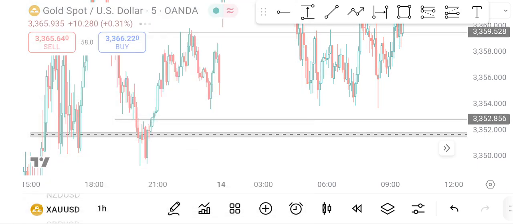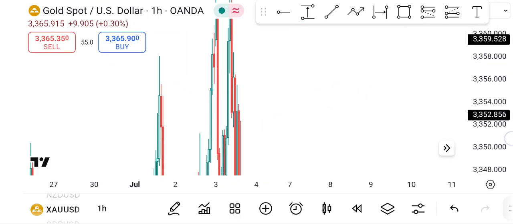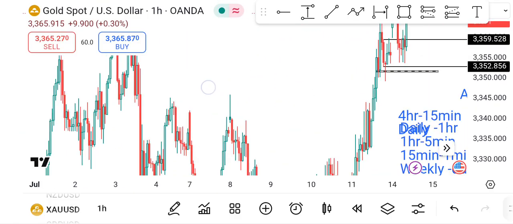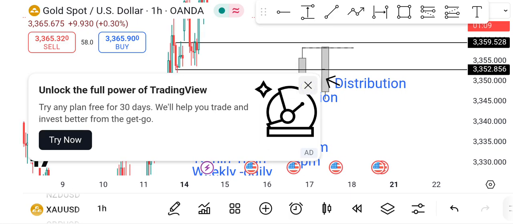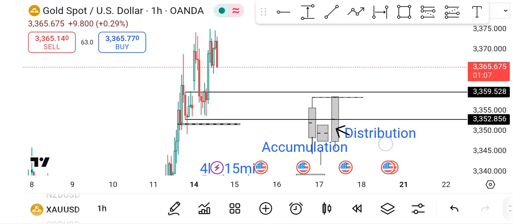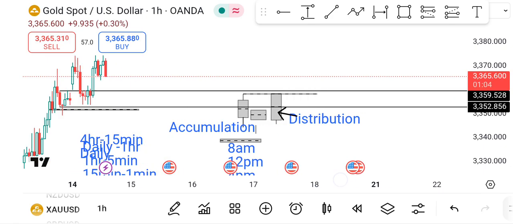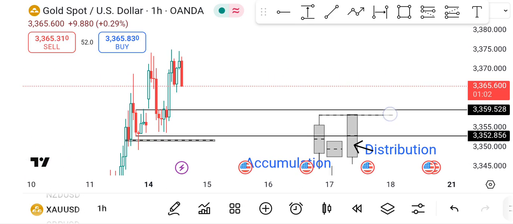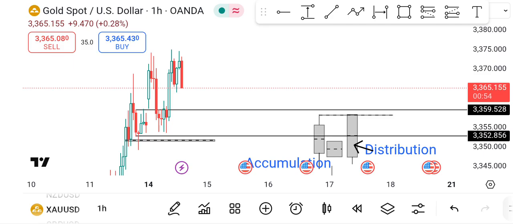So guys, that's all about the CRT. Another thing: when you are trading the CRT candle formation, it is always advisable to mark the 50% of the accumulation candle as the first take profit, guys.